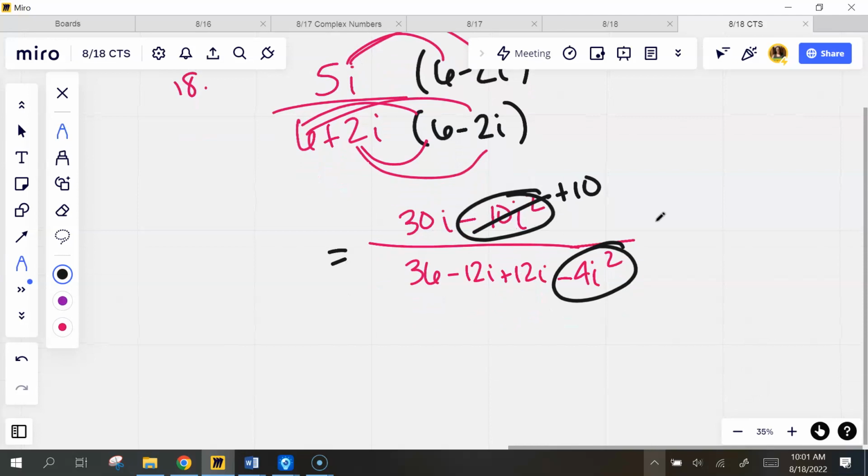This becomes... these are gone, right? Which is what should happen. The whole point of conjugates is that the i cancels, the radicals cancel.